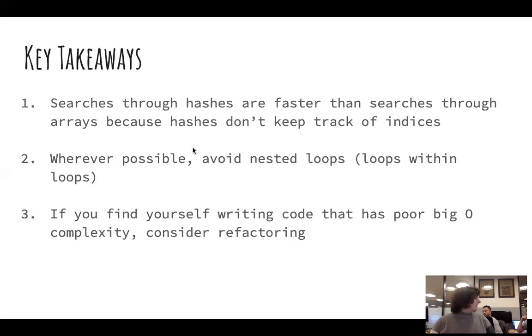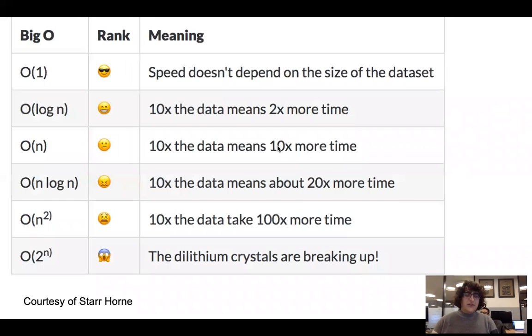Cool. One thing I do want to talk about real quick that isn't really mentioned in the slides is Big O complexity notations. These are the only notations you'll ever really see: 1, n, n squared, n log n, and 2 to the power of n.